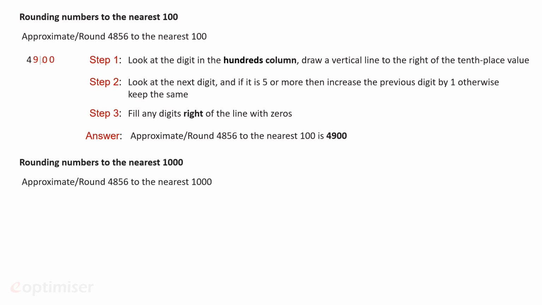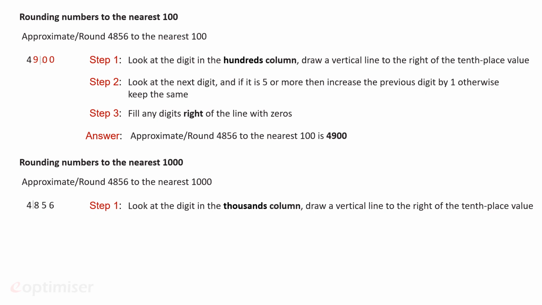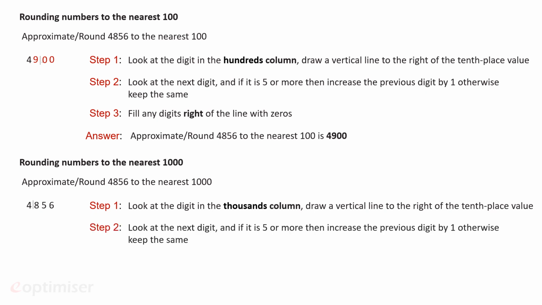Similarly, if they ask you to round that to the nearest 1000, it is the same process, but you have to put the line on the right hand side of the thousands column. Here 4 is in the thousands place. So put the line on the right hand side of 4, then look at the immediate right number, that is 8, which is more than 5.